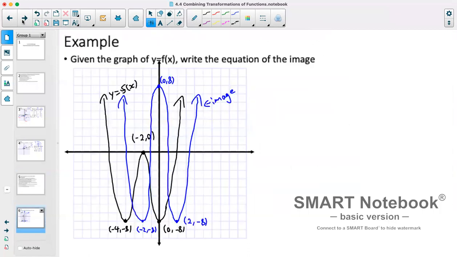Okay, so given the graph of y equals f of x, which is our graph that's in black, we want to determine the equation of our image, which is our one that's in blue. So first thing I want to do is find some corresponding points. Now, typically when we do that, we label them with the same letter, but just add something additional on our corresponding graph.